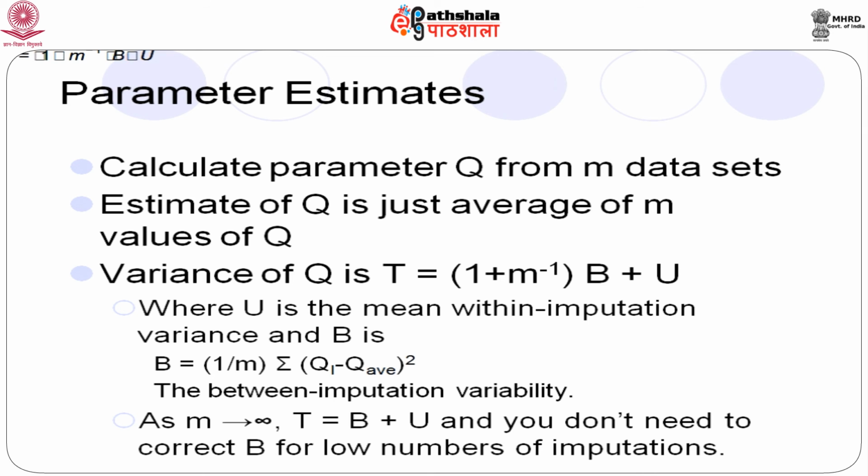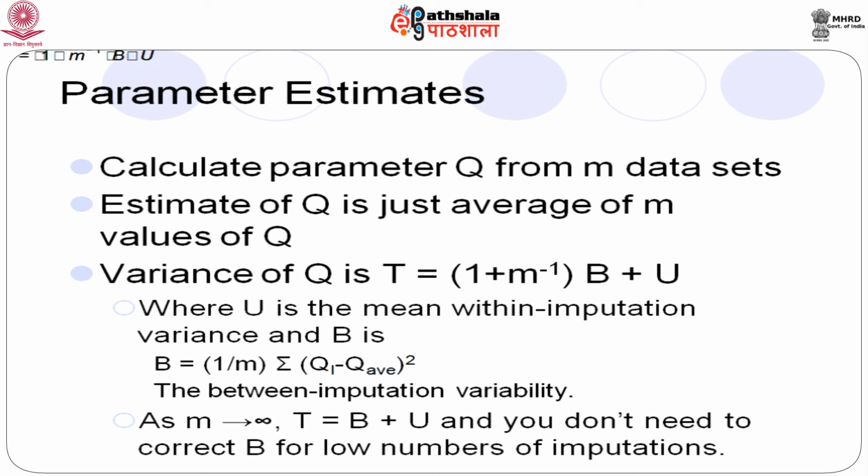We calculate the estimate of the parameter Q from each data set, and then take the average of the M such values of Q, and also compute, based on the M data sets, the variance of Q. It can be shown that as the number of data sets gets large, we can get a consistent estimate of the parameter Q from the data.